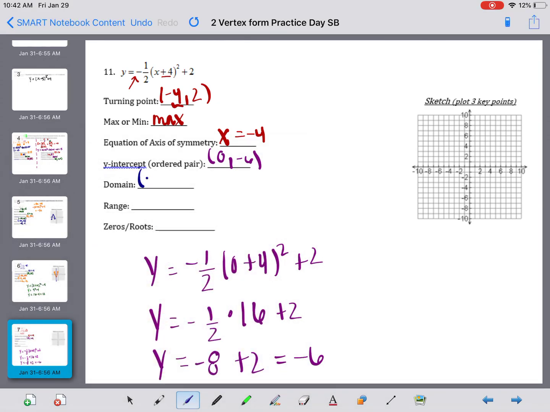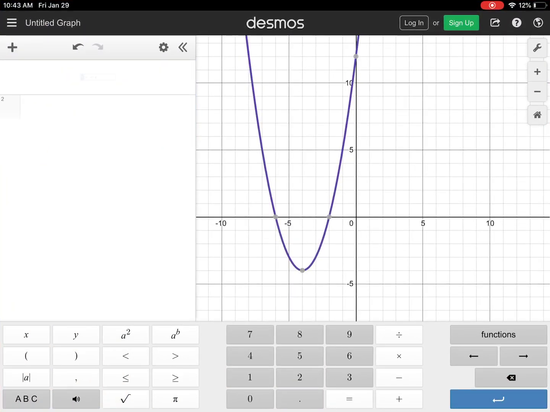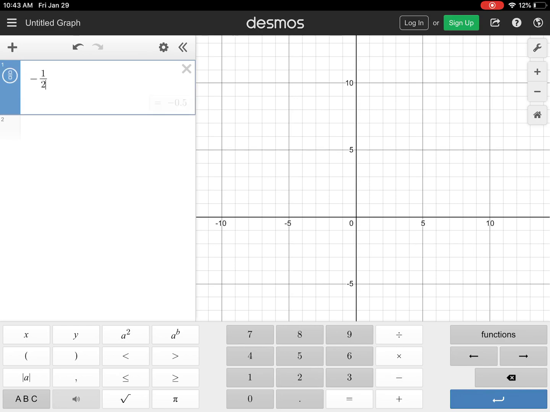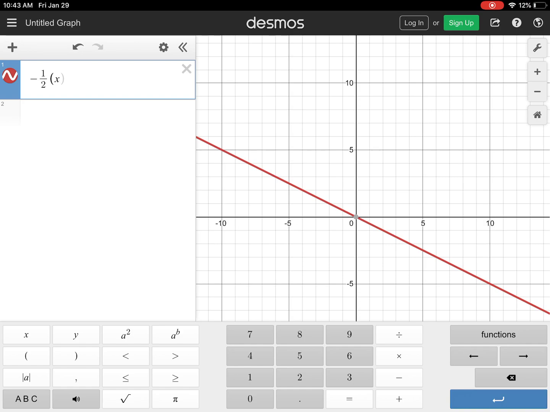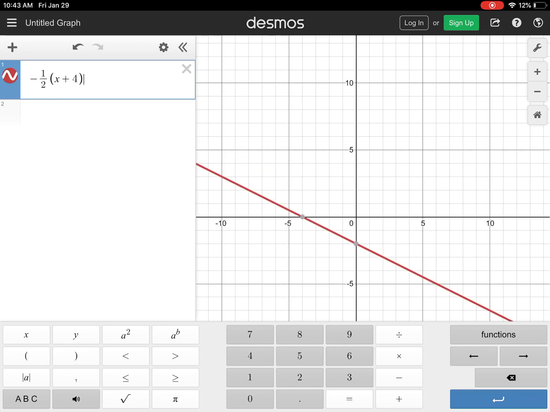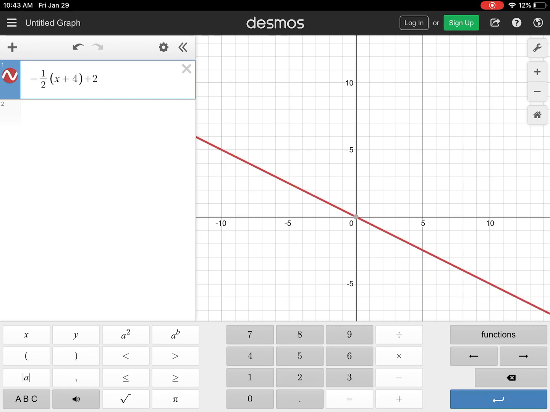Again, our domain is always negative infinity to positive infinity, and I think graphing it helps with the range. So let's go ahead and graph it. We have negative 1/2 times x plus 4 plus 2. Oh, I forgot to square. That's important. Squared.